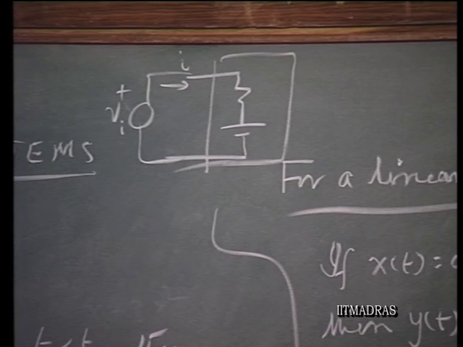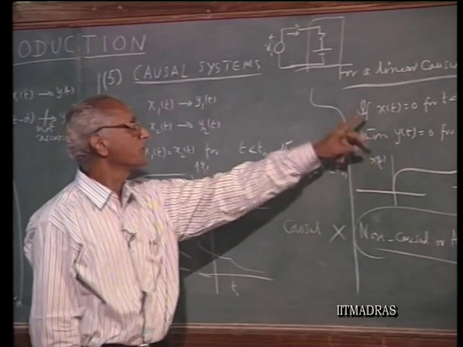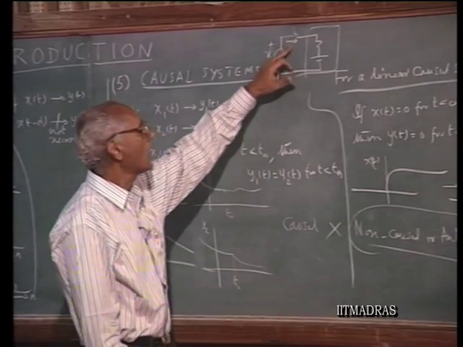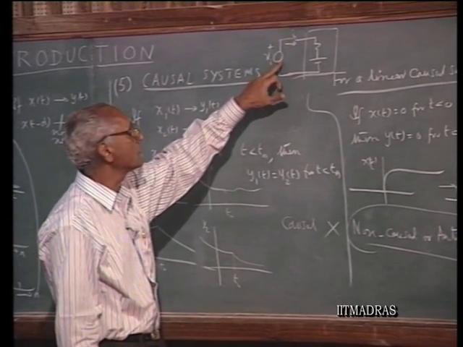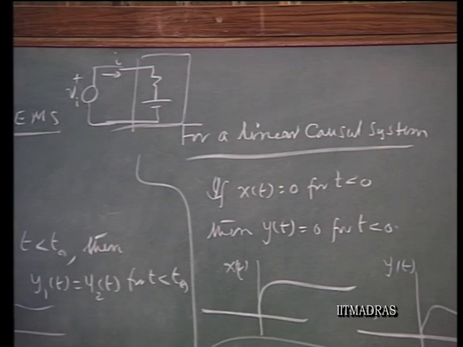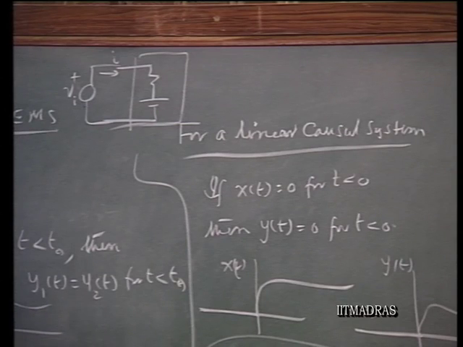Therefore, we cannot say that this particular system follows this. If x(t) is the input voltage Vi and the current I is y(t), I will exist even if Vi(t) is 0. Therefore, if you start a signal Vi(t) from t equals 0 onwards, it does not mean that the current will be 0, because the current will be driven by the battery.